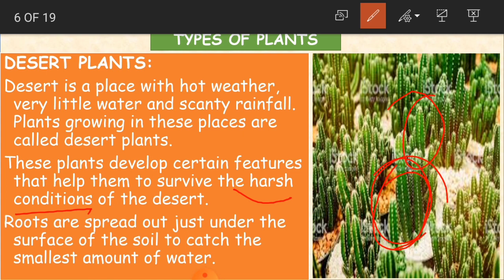Like normally roots absorb water, same here. The roots are not so deep inside the soil, they are just spread out to catch whatever little water there is, and that water is again absorbed by the stems, and the stems are going to store the water. Okay children, clear? Yes.